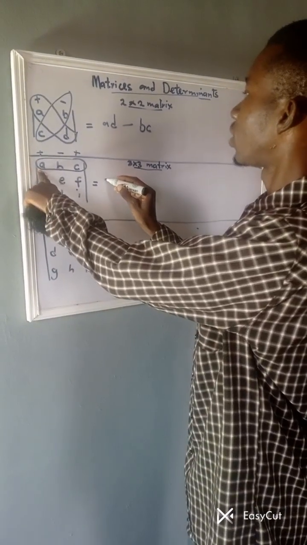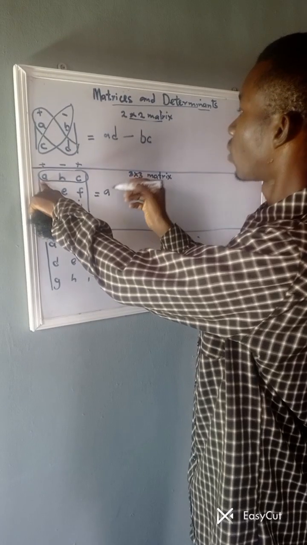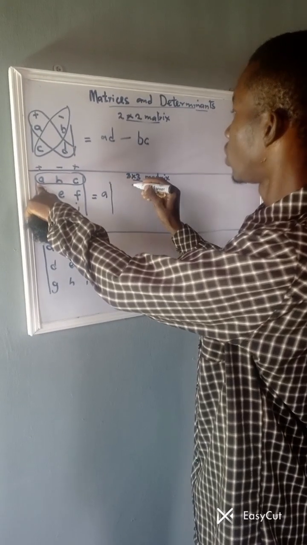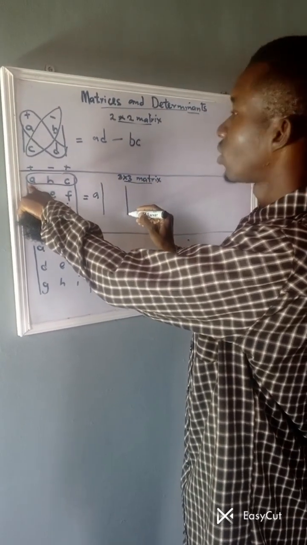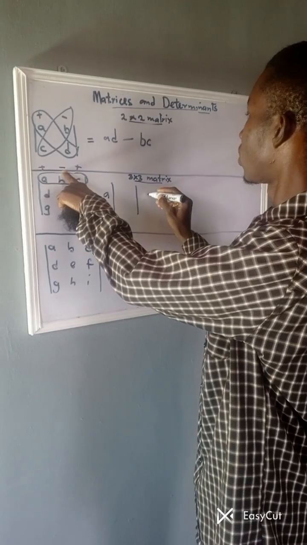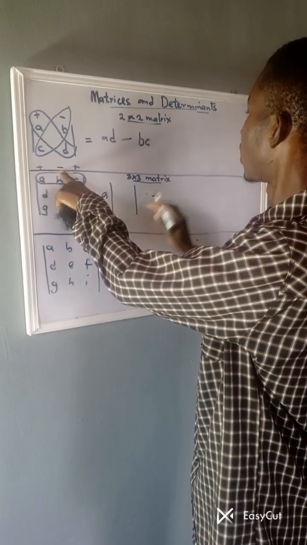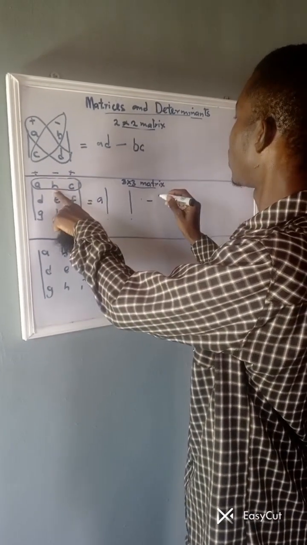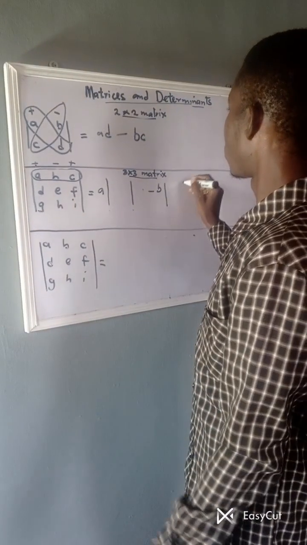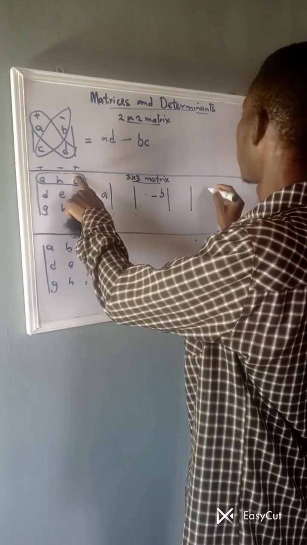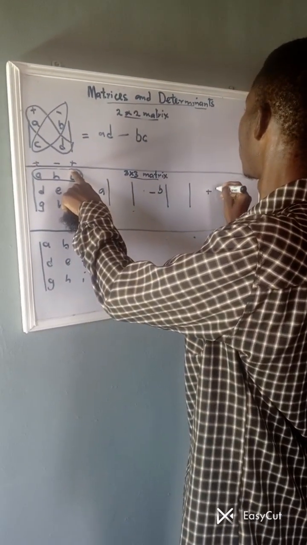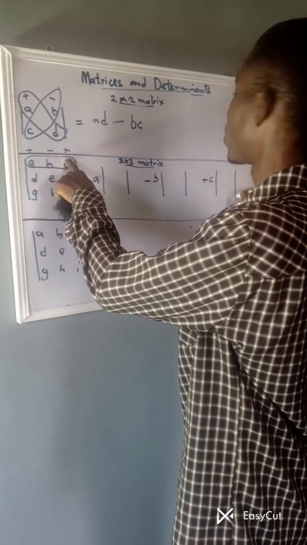You pick the first element, A, with a plus, times a 2 by 2 matrix. Then minus, you pick the second element, B, times a 2 by 2 matrix. Then plus, you pick the third element, C, times a 2 by 2 matrix.